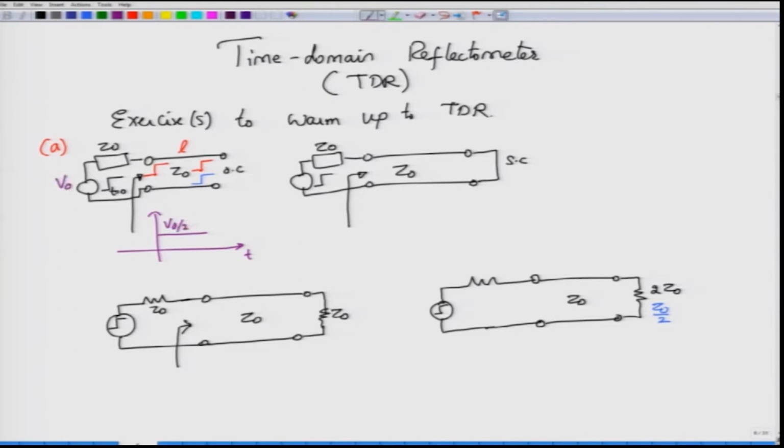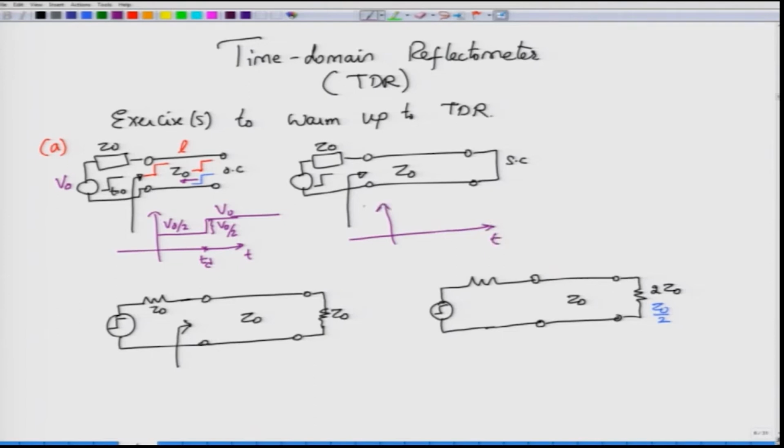The launched voltage step is V0 by 2 because it propagates there, and at time Td this voltage V0 by 2 will be further added because of the reflected voltage travelling back. So, you will see that at time t equal to Td the voltage jumps by V0 by 2, therefore the total voltage here is V0, and of course this remains as it is because there are no further reflections.